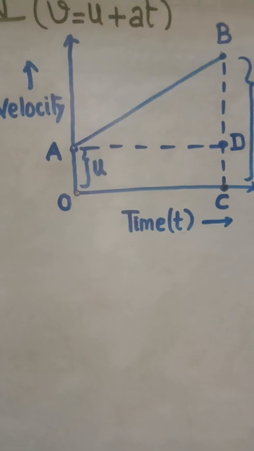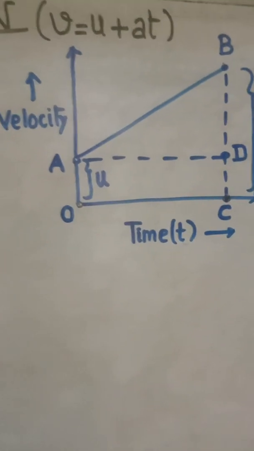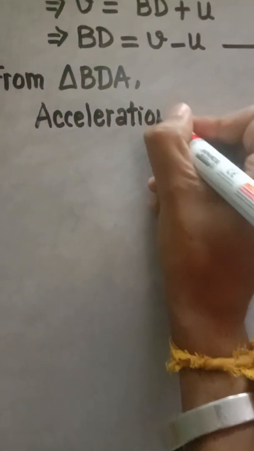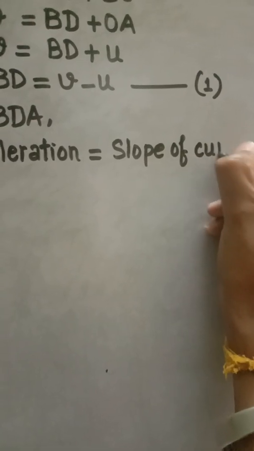So let it be triangle BDA. If we want to introduce acceleration, we know acceleration is equal to the slope of the curve.